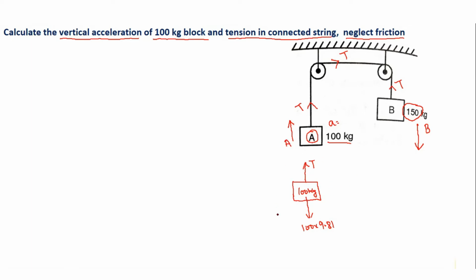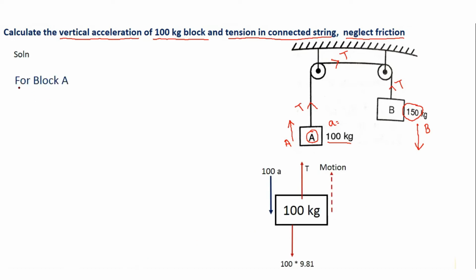Now coming back to our free body diagram, as the direction of acceleration of block A is upward, the inertia force acting will be downward with a value of 100 into A, that is mass multiplied by acceleration. Now we have completed showing all the forces on this particular block A, and now we can apply conditions of equilibrium. So for block A, summation of Fy is equal to 0.